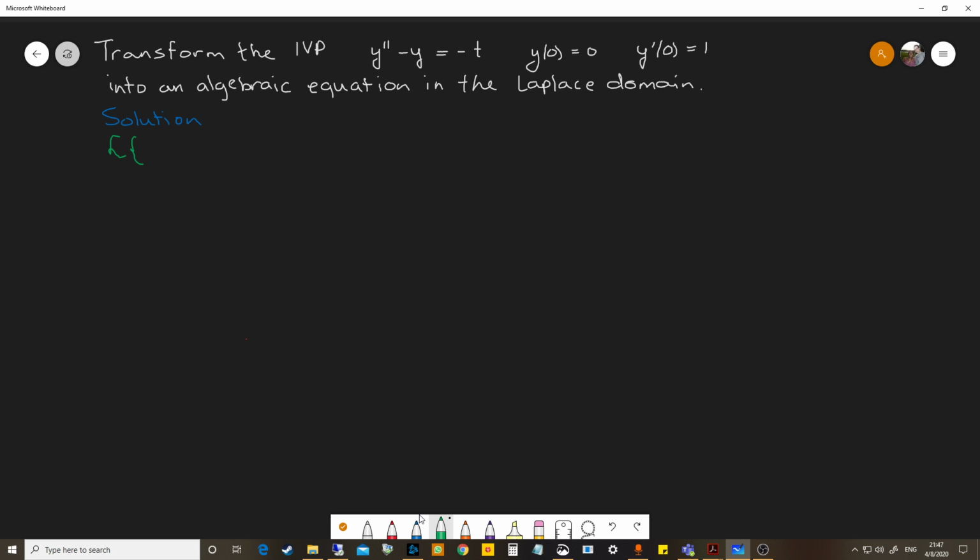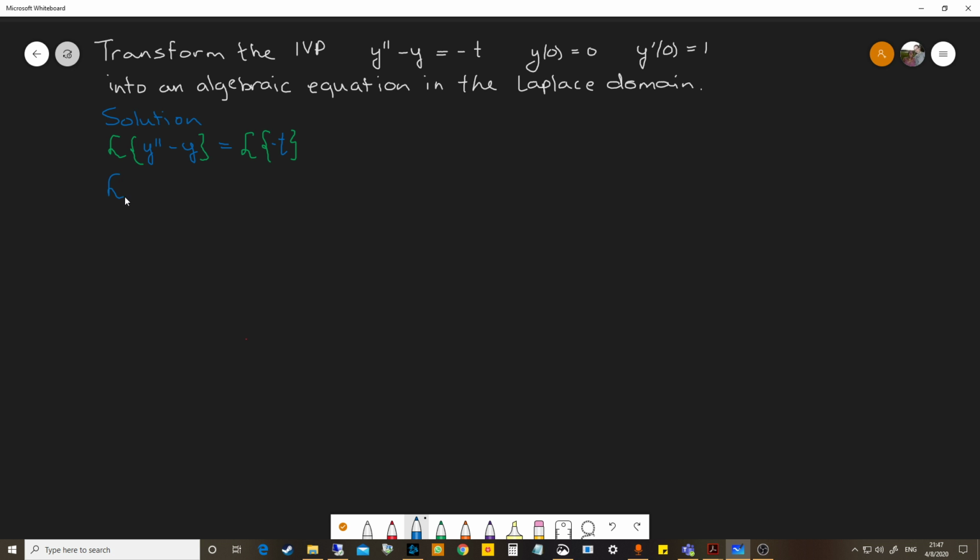So we'll take the Laplace transform of y double prime minus y, and we set that equal to the Laplace transform of negative t. The first thing we'll do is use the linearity of the Laplace transformation to split this up.